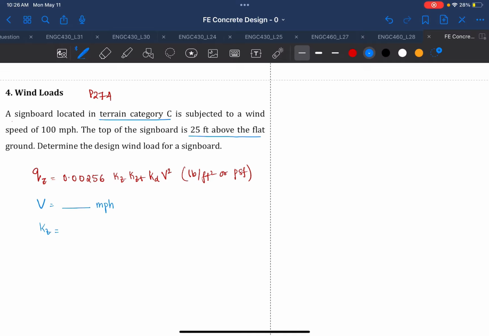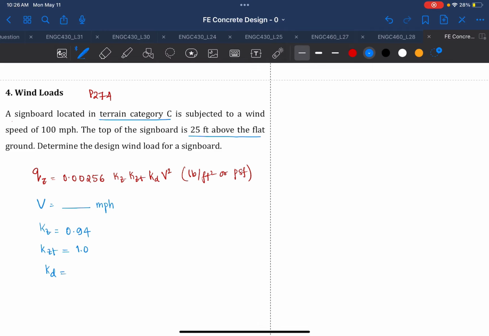So we look up the value for 25 feet and open terrain C, and your KZ will be equal to 0.94. Then KZT is the topographic factor, and it's usually 1 for flat ground, and we are designing for flat ground, so that will be 1.0.